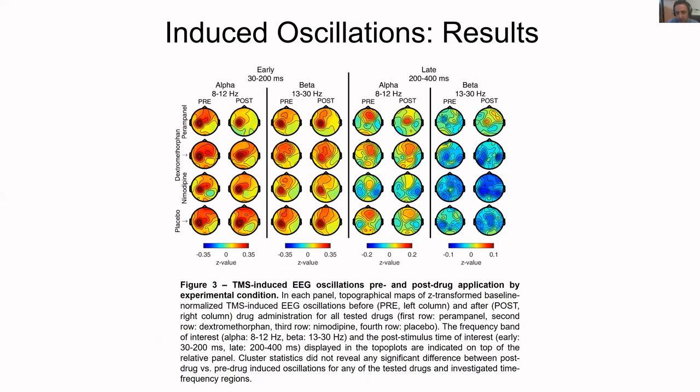However, when studying the effects of perampanel, dextromethorphan, and nimodipine on the oscillation power pre and post, we didn't find any significant results, despite the fact that at least post versus pre for late alpha and late beta in perampanel show quite different topographies, quite different EEG topographies.